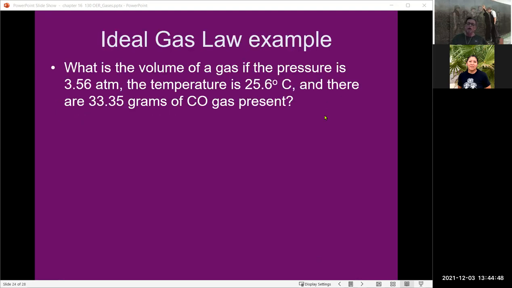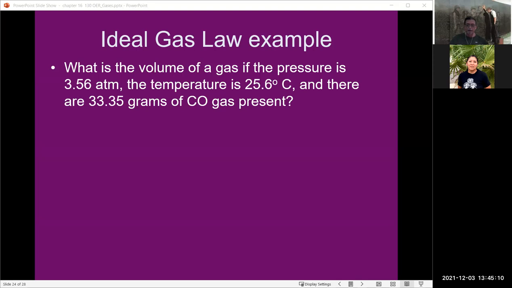For example, what is the volume of a gas if the pressure is 3.56 atmosphere, the temperature is 25.6 degrees Celsius, and there are 33.35 grams of carbon monoxide present, okay?